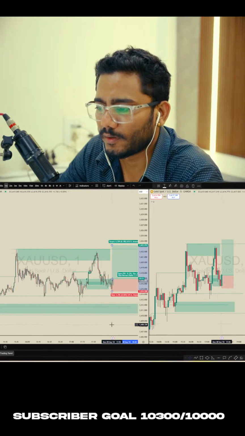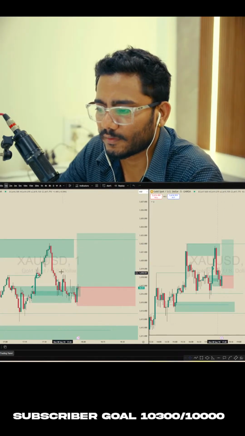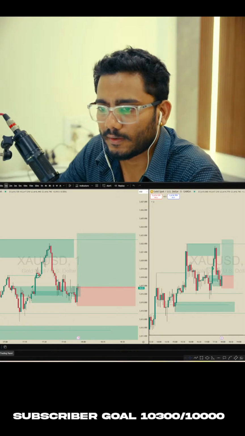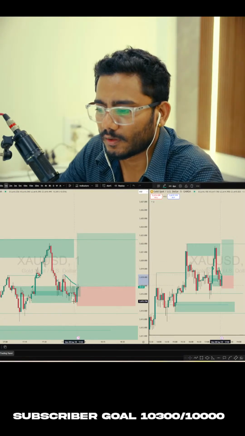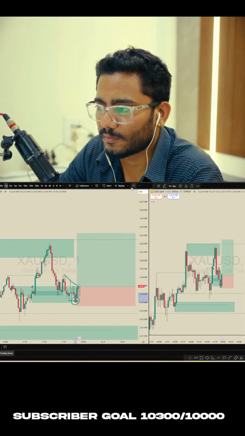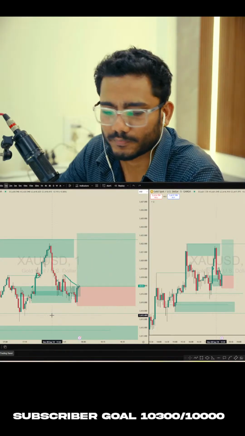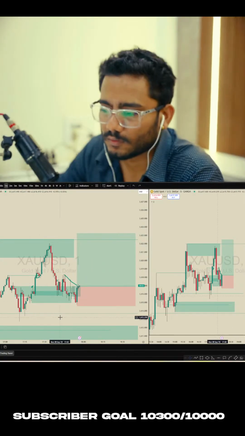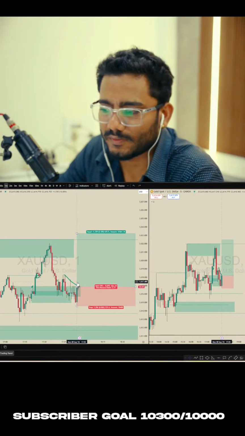If you look at 1 minute, price has created this trend line liquidity over here, and we got this candle body closure. So it's showing that it gave a breakout structure, but still we can see a reaction to the upside from here. You can execute, but enter with less risk over here.